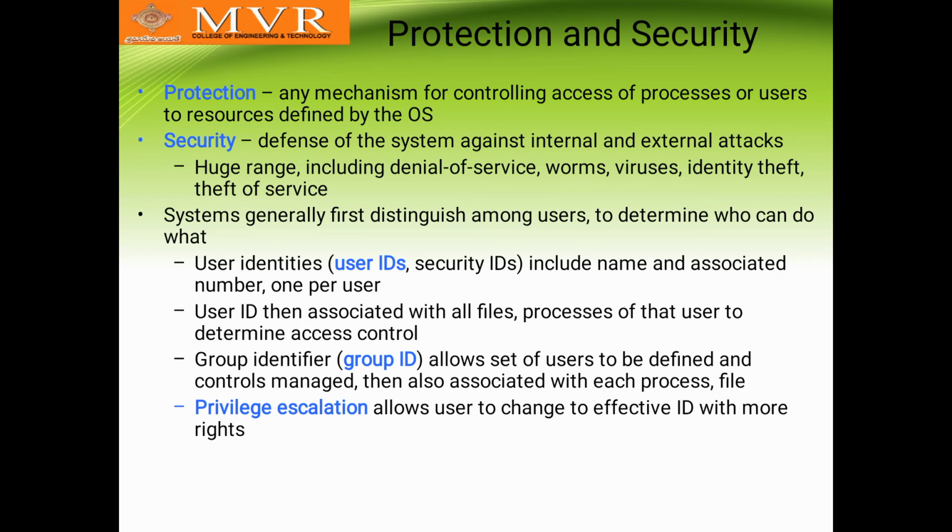User IDs include the name and an associated number, one per user. A group identifier allows a set of users to be defined and controlled, and is also associated with each process. Privilege escalation allows a user to change to an effective ID with more rights.